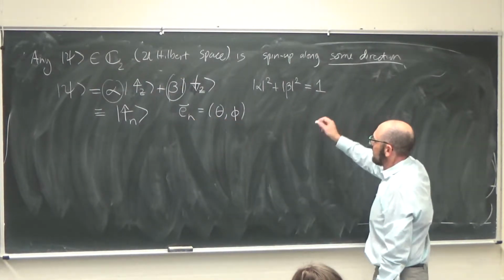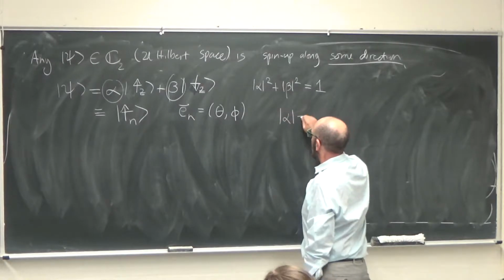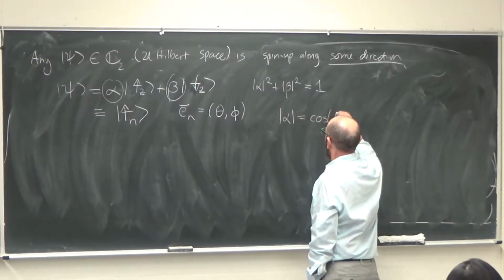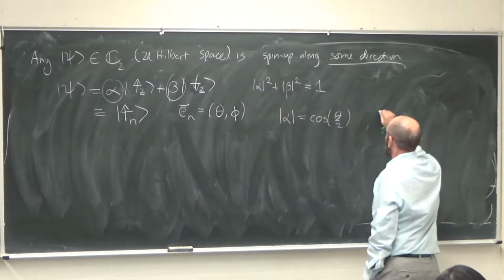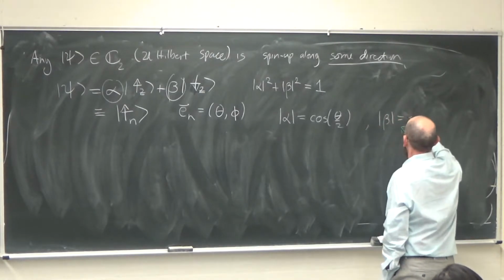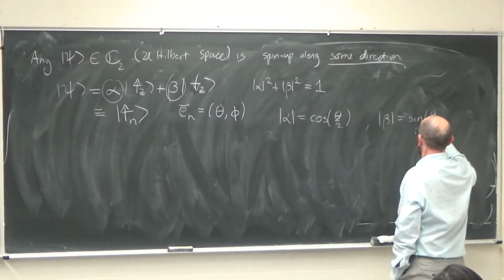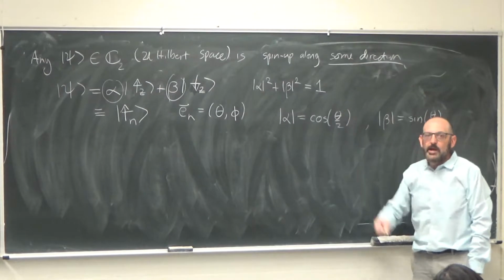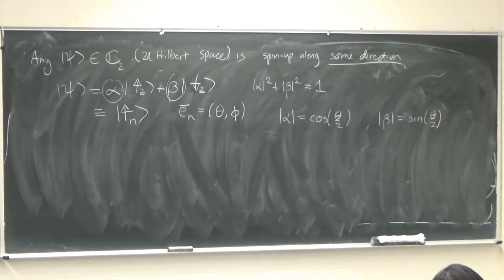Well, I can just define this to be cosine theta over 2, and this to be sine theta over 2. That's consistent with this equation, because sine squared plus cosine squared is 1. Right?